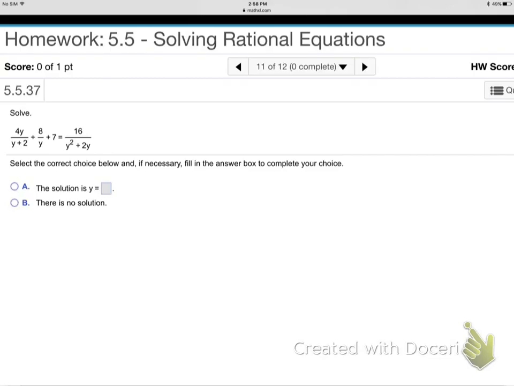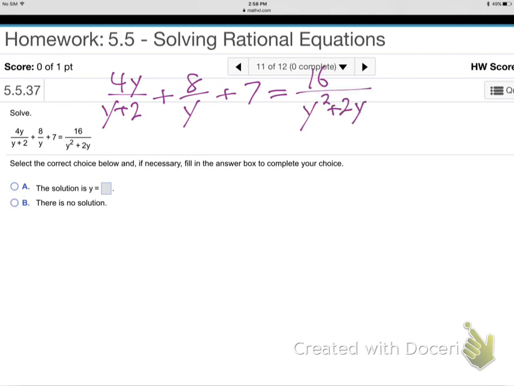So up a little bit after exam 2, huh? It's a little bit messy. 4y over y plus 2 plus 8 over y plus 7 is 16 over y squared plus 2y. Hey, let's factor that y squared plus 2y right away. Right? Take out a y.